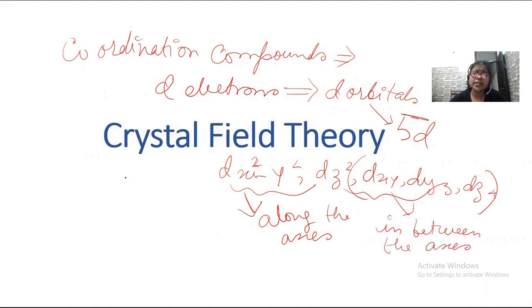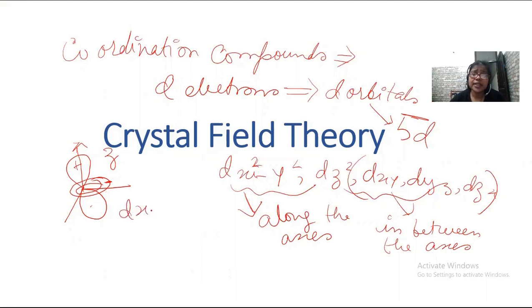Now, what are these axis thing that we are talking about? See, if we draw a three-dimensional structure and represent my dz square orbital, this is my z-axis, this is my positive, and this is my negative charge. Okay, so this dz square orbital is entirely present along the z-axis.